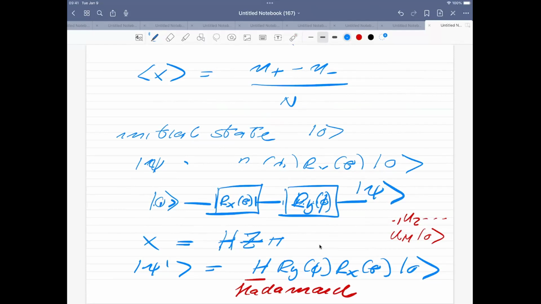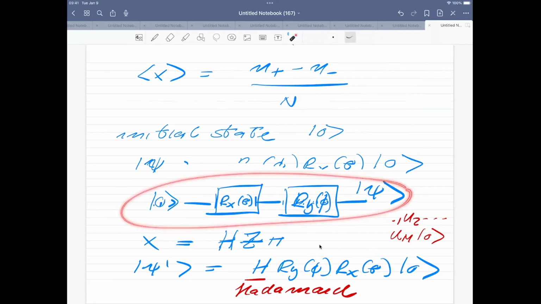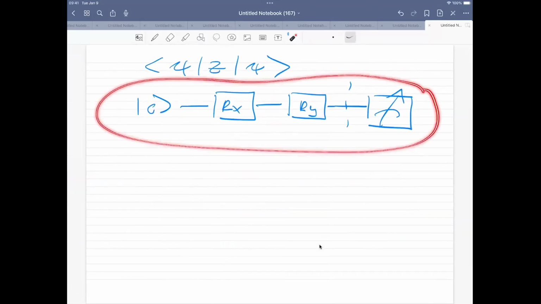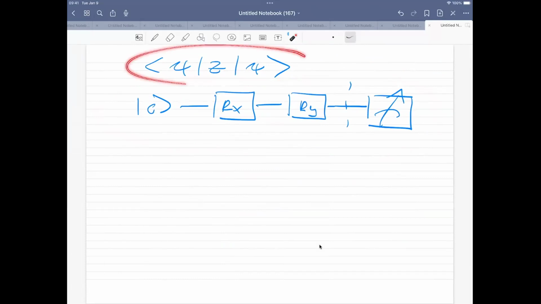So the states which we have here, this is not the same as the kind of graph which we made here, where we are indicating that we have this expectation value we want to calculate. The state is prepared in a 0 state, and then we perform the rotations, and then we make a measurement.